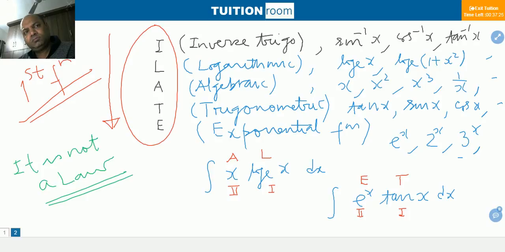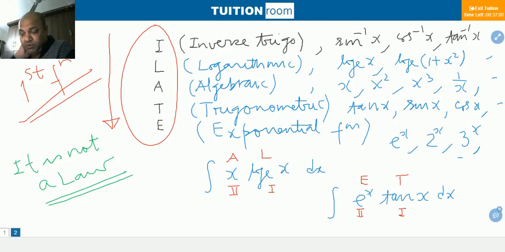My first example is x into cos x dx, and this is algebraic, this is trigonometric, and I move according to ILATE.